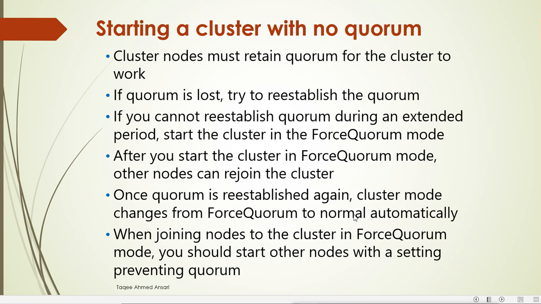When joining nodes to the cluster in force quorum mode, you should start the other node with the setting preventing the quorum. Sometimes if your quorum is missing, not connecting, and you don't know where it is, it will take time to rejoin the quorum. So what you can do is start the cluster without a quorum, in force quorum mode, and then when the quorum is available, it will automatically go to the normal mode.